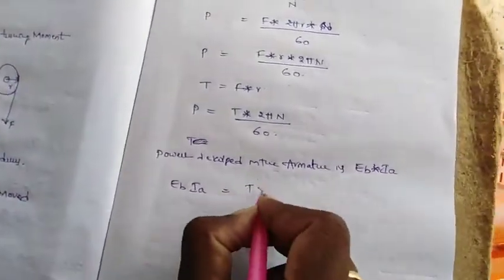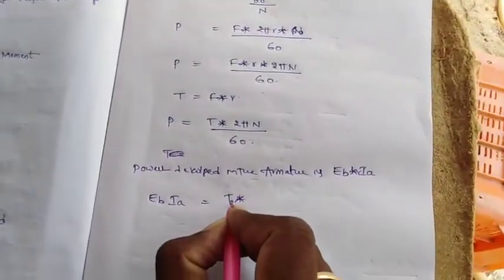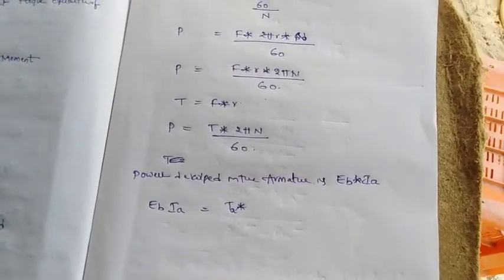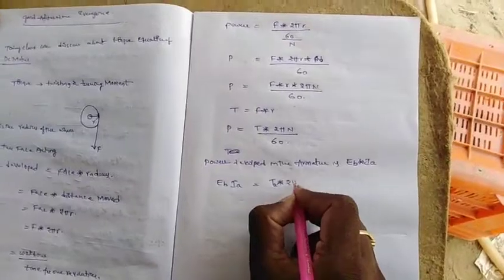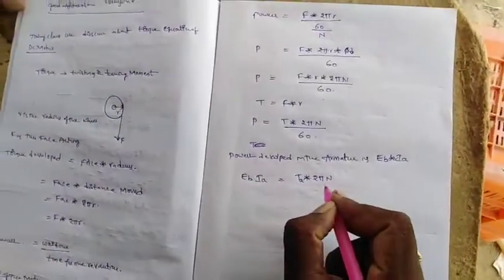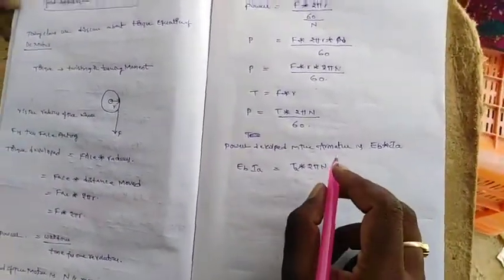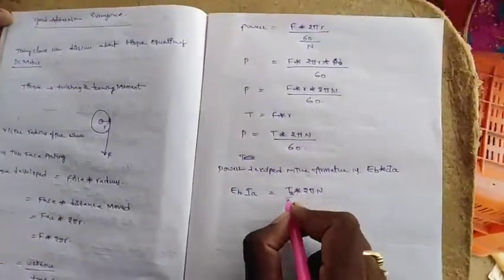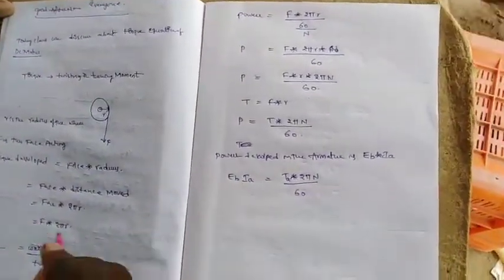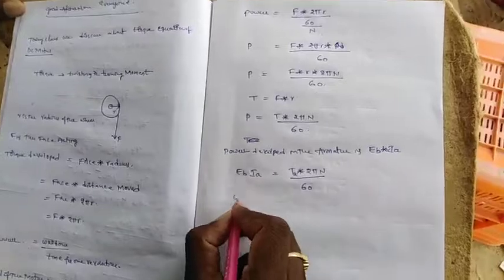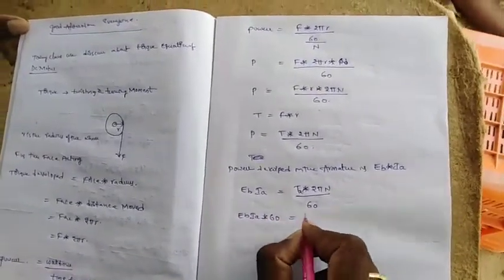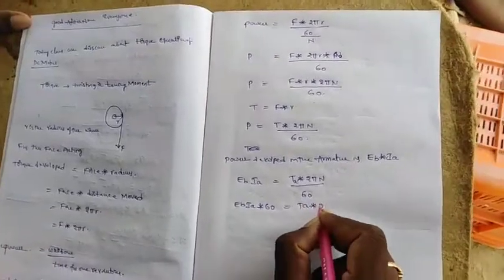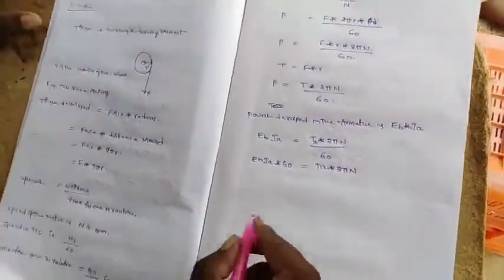That is equal to torque, which we can represent as armature torque, into 2 pi N divided by 60. So EB into IA into 60 is equal to armature torque into 2 pi N.